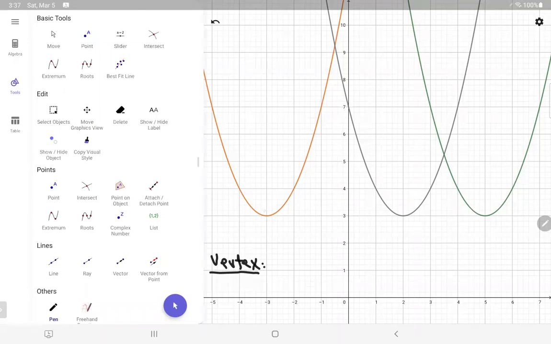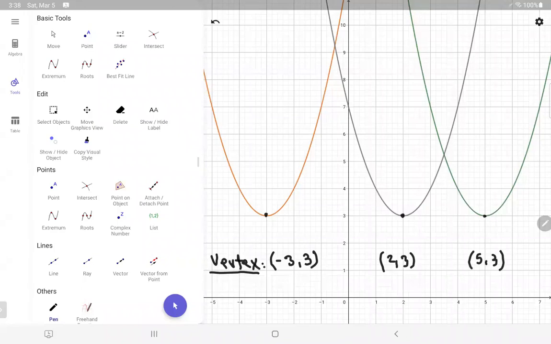Who can tell me what this is? What is the value of x? Negative 3, 3. Yeah, negative 3, 3, you mean. Correct. What is the vertex of this guy? 2, 3. What is the vertex of this guy? 5, 3. Perfect.